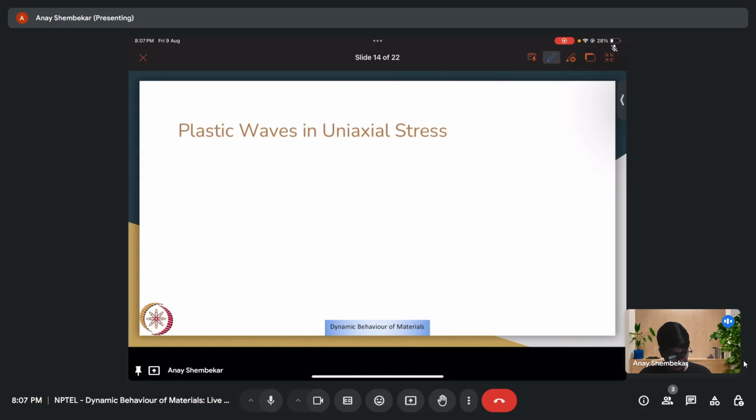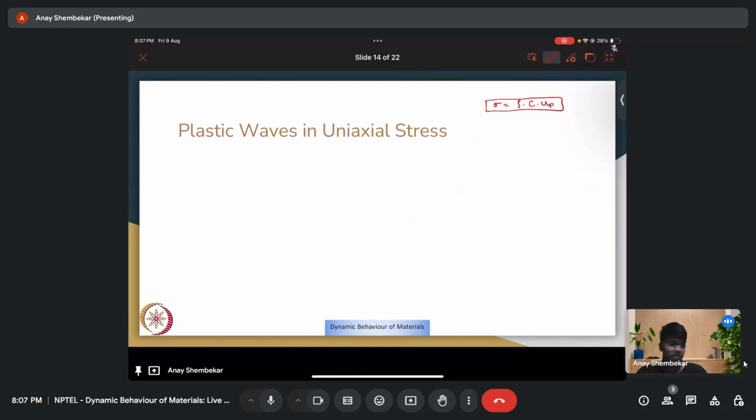Okay, so the third part was plastic waves. From the initial analysis in the last week, we looked at this equation, sigma is equal to rho C UP.